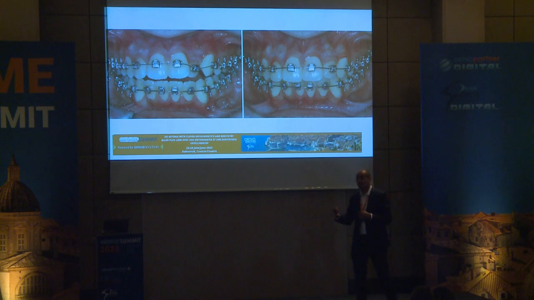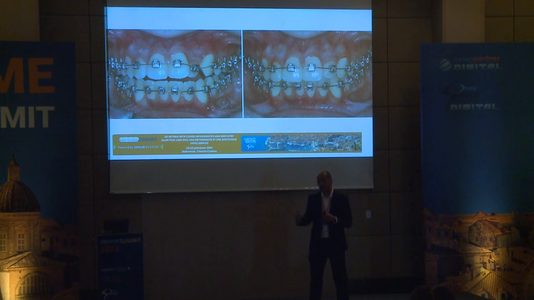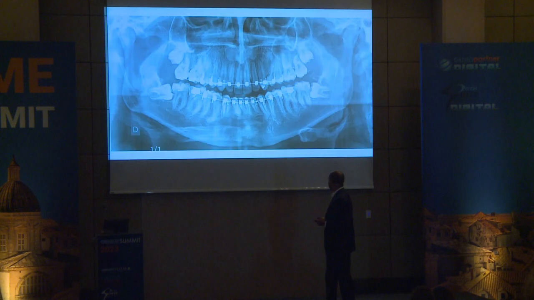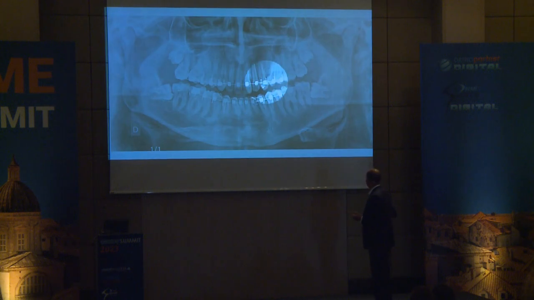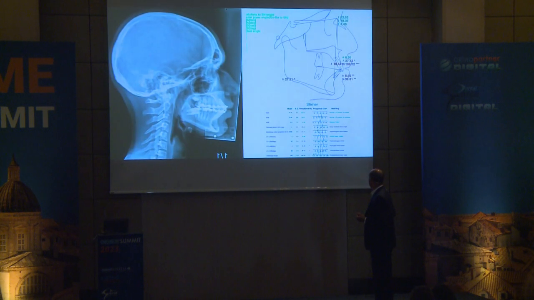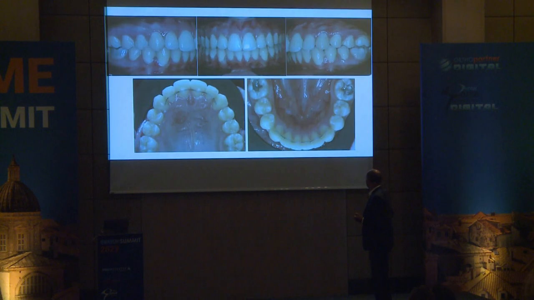I'm just anticipating the 014 thermal ultra, and here we try to enhance good torque control. Here's some finishing to do in the axis, but this is the final result. We got class 1 skeletal. We still have a protruded lower incisor, but here are the final results.